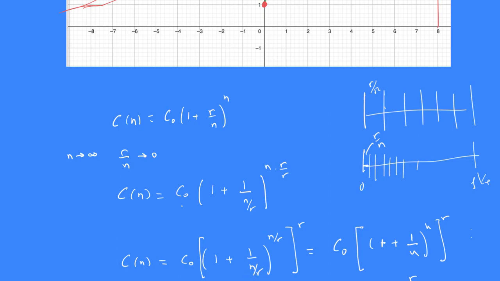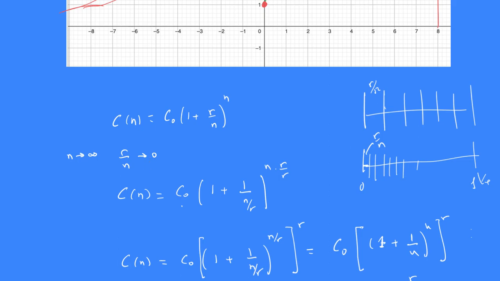So the expression would say C equals C0, C sub n, C after n periods, so C after 1 year, will be 1 plus 1 divided by u, raised to the power u, raised to the r. And what is that? In the limit when n tends to infinity, r divided by n tends to 0.